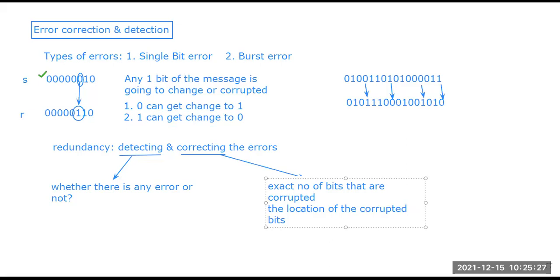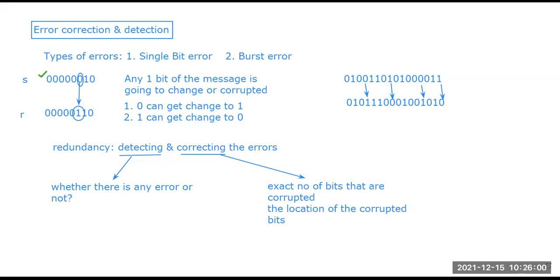The redundancy we are talking about here can be achieved through various coding schemes. As I said, the sender added some redundant bits to the original data bits of the message.